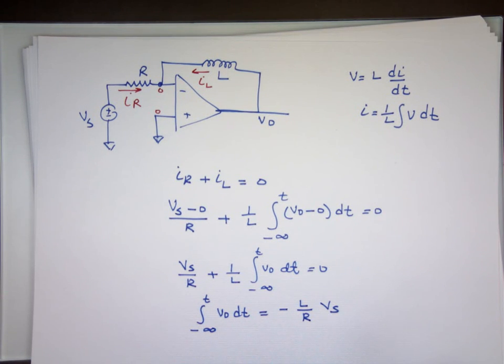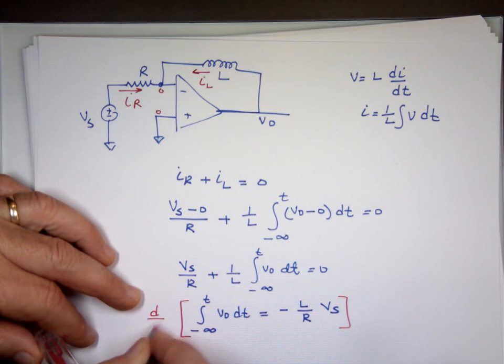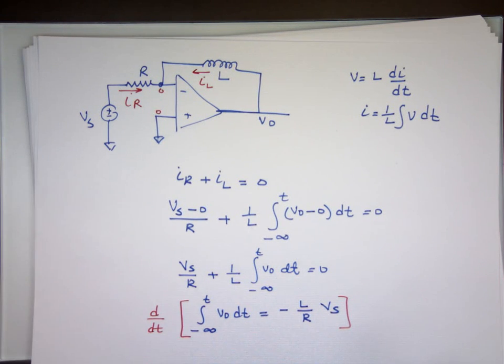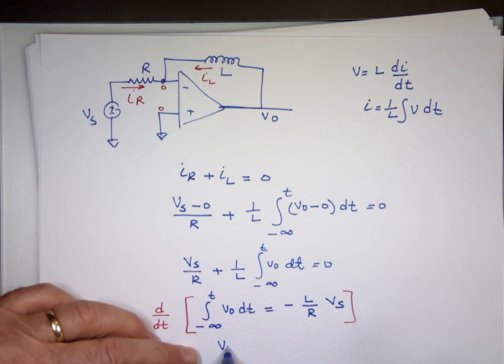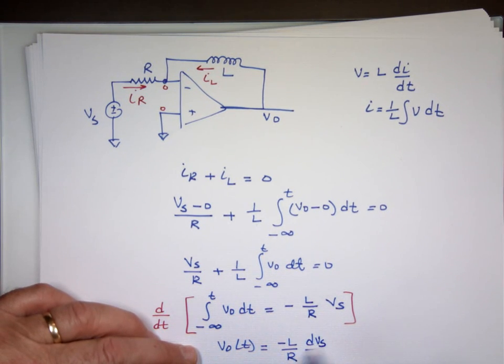How would I get rid of that integral? Yep, take the derivative of both sides, because they are the inverse of each other. So we take the derivative of the integral, they cancel each other out, and you have V out as a function of time. It's negative L over R, that's a constant, times the derivative of Vs, dVs dt.